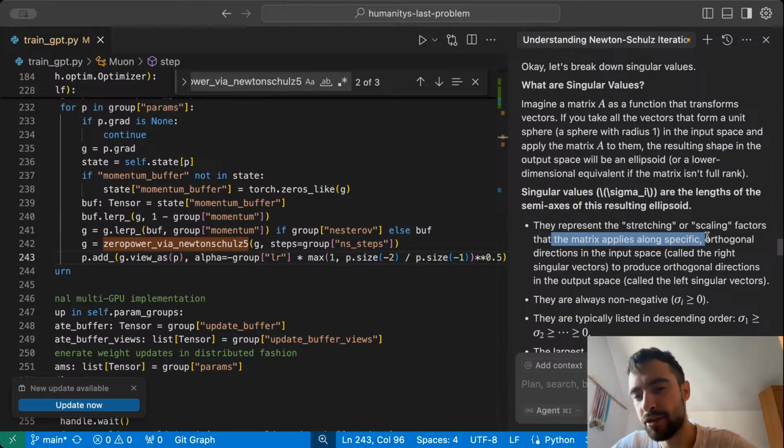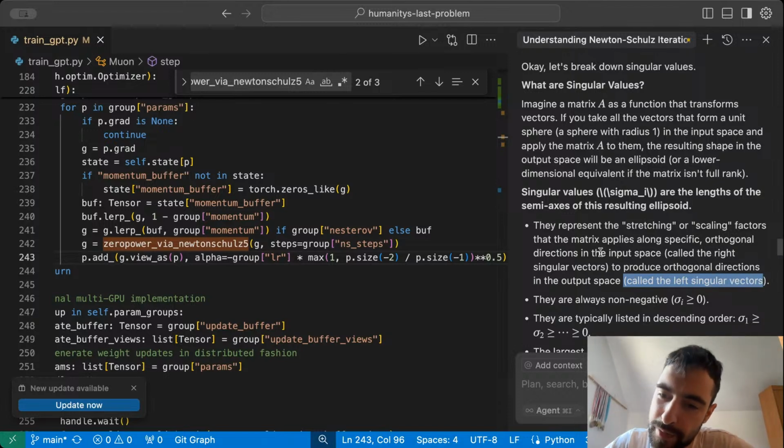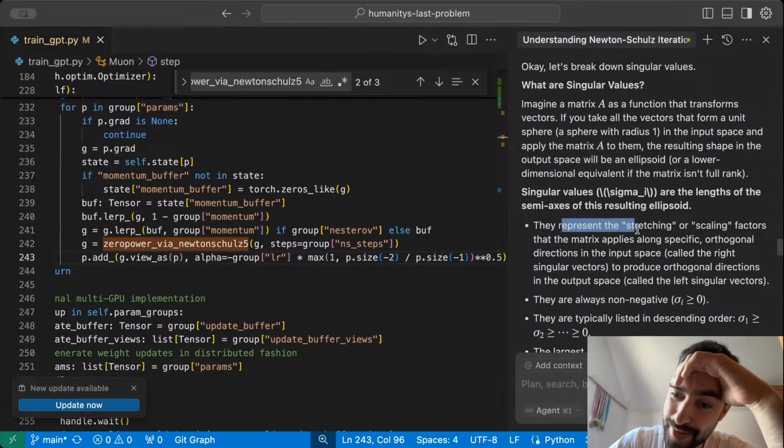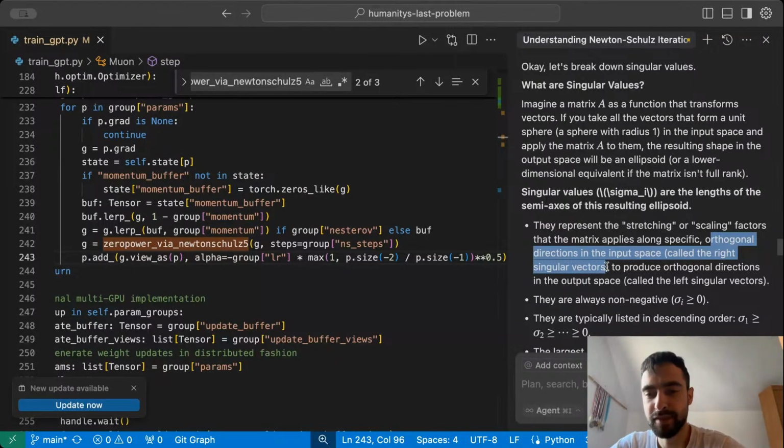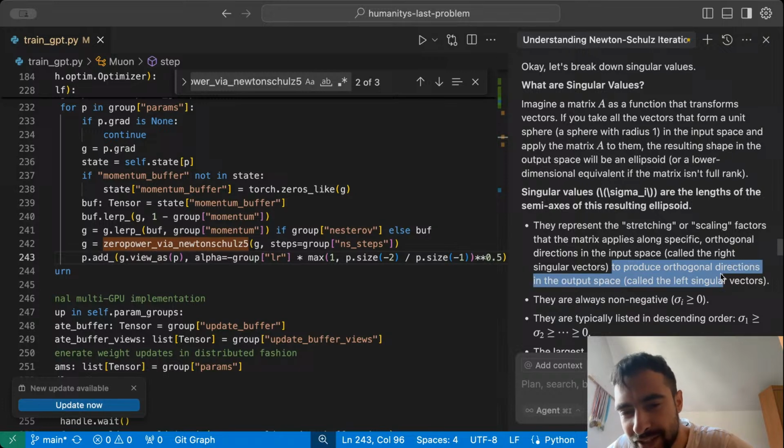That the matrix applies along specific orthogonal directions in the input space, called the right singular vectors, to produce orthogonal directions in the output space, called the left singular vectors.